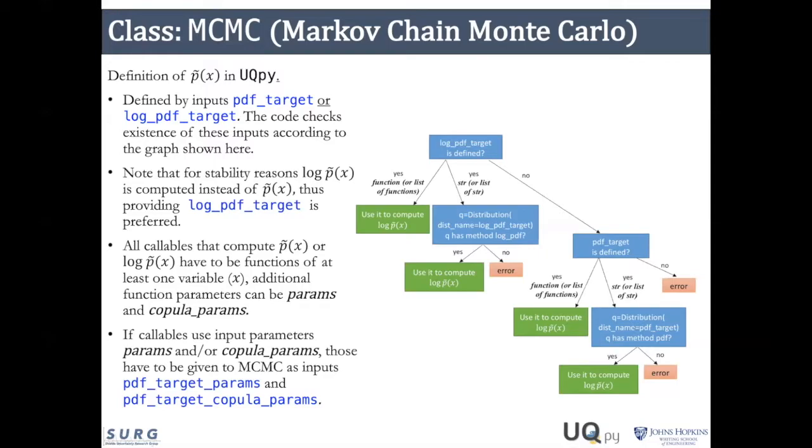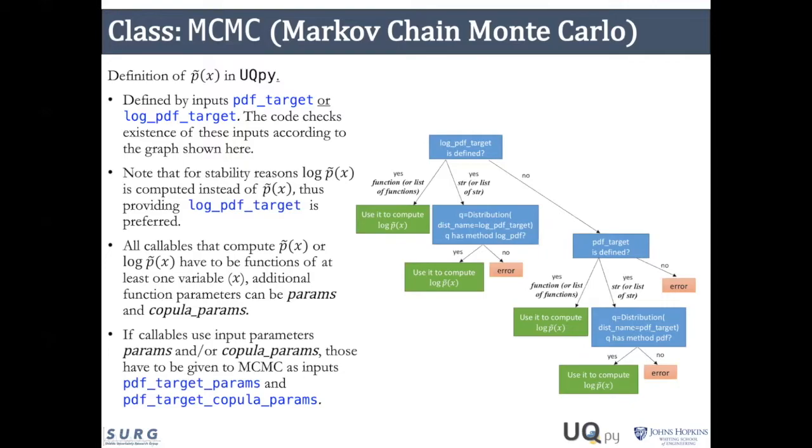If it's a callable, then it's just going to be used to compute log P. If it's a string, then it's going to build a distribution from the distribution module that we saw before with Dimitris, where the input name is going to be this string log_pdf_target that you're giving. And then it's going to use the log_pdf method of this distribution to compute the log P. So this distribution must have a log_pdf.